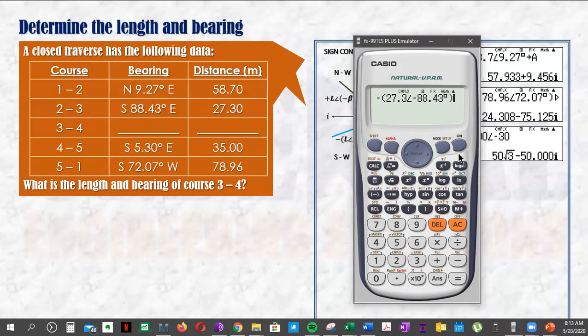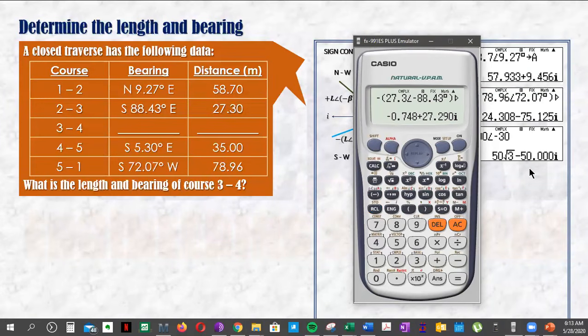You may not include the degree symbol anymore, as long as the calculator is in degree mode. Then I'll store this: shift, store, B. I'm storing it to B.